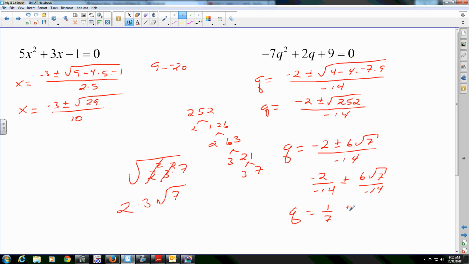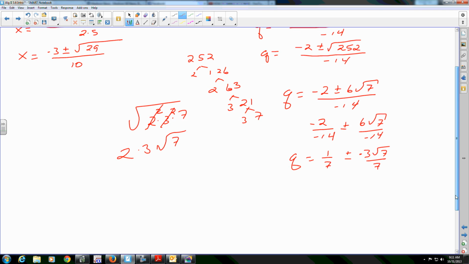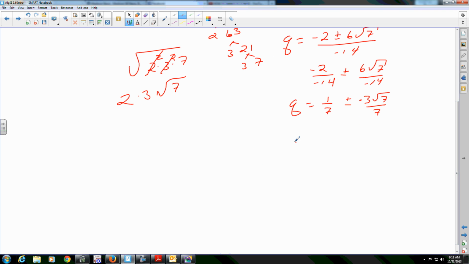Now, with this plus and minus, I'm going to let this negative play a bit of a role here to show you what happens. There's a 2 that's going to reduce, so I've got 3 square roots of 7 over 7, and rather than the negative downstairs, I'm going to put it upstairs. Now the reason I'm doing that is because I want to illustrate this point.